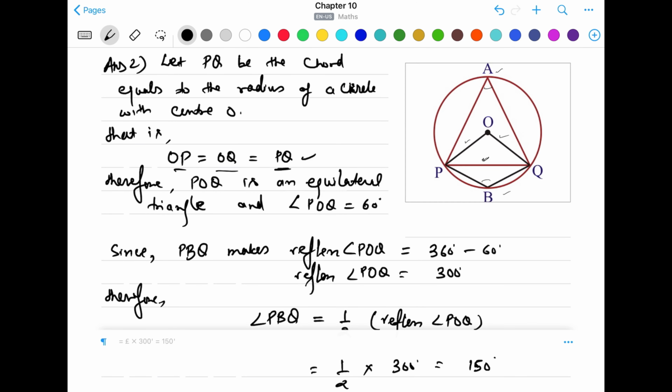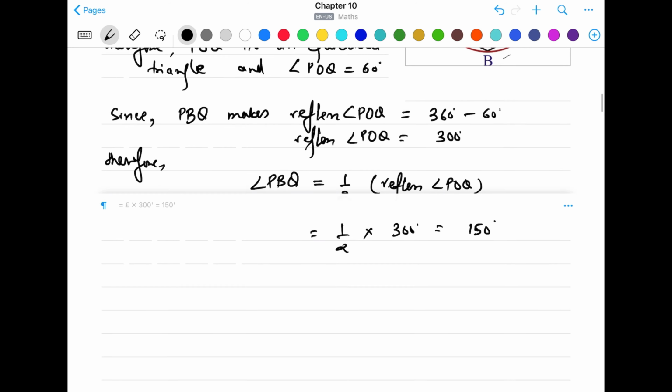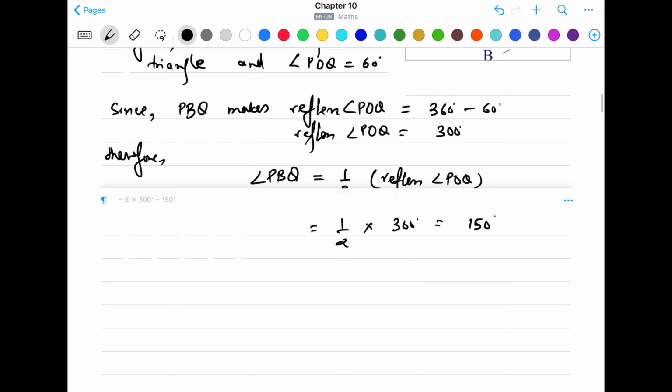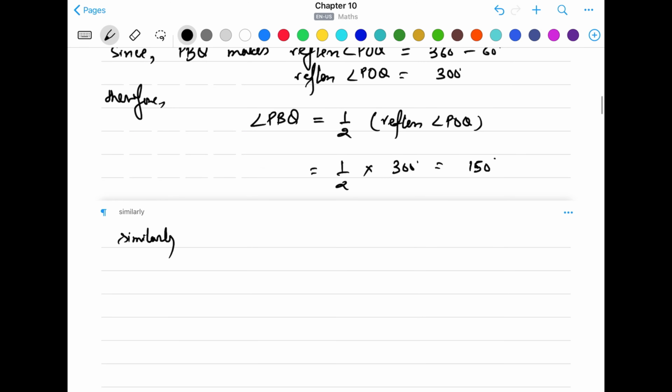Okay, since this is a 60 degree angle, its reflex will be 300, so this angle, which is in the minor arc, is 150 degrees. Okay, now we'll calculate the angle in the major arc. Similarly, angle PAQ will be equal to half of the angle POQ.